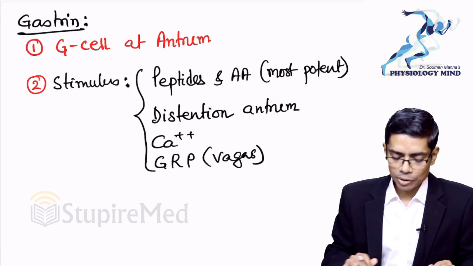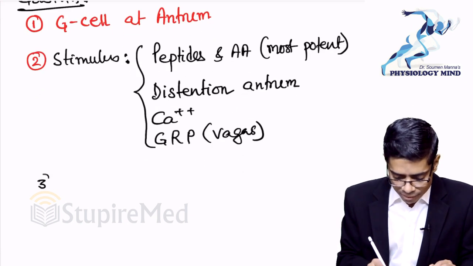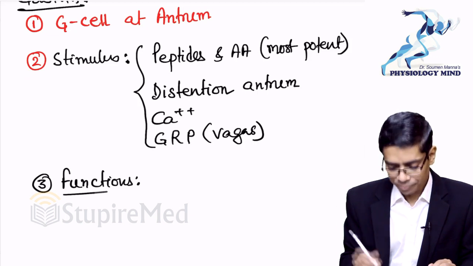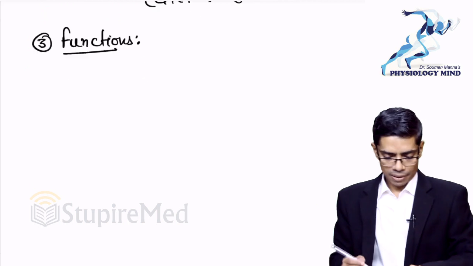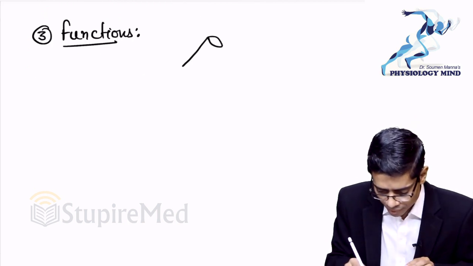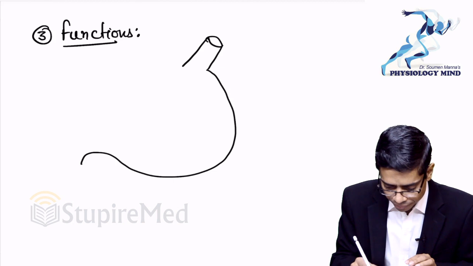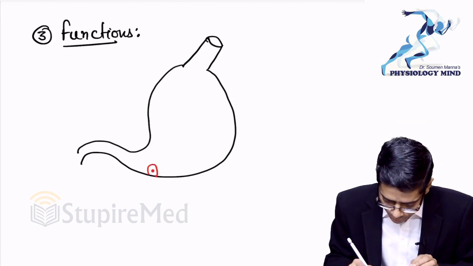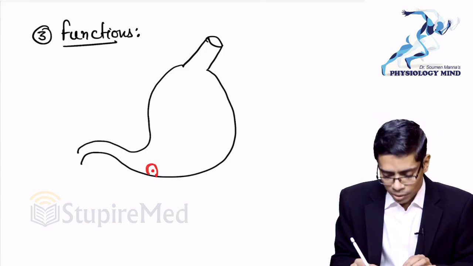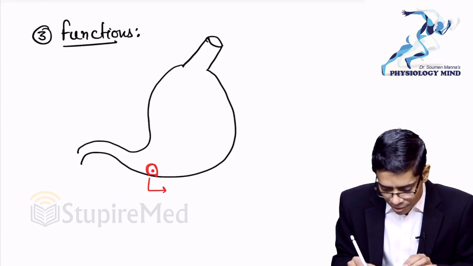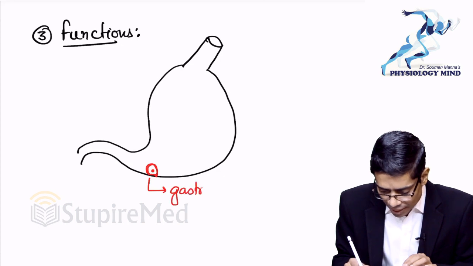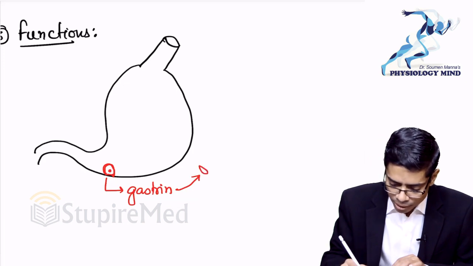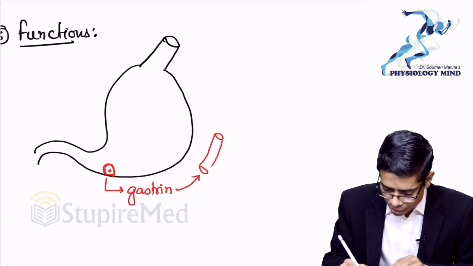Now what will gastrin do? Third, functions of gastrin. You have to remember it like this, okay? This is the stomach, and suppose this is the G cell. The G cell will produce gastrin. Gastrin first will enter your circulation, so I am drawing one blood vessel.